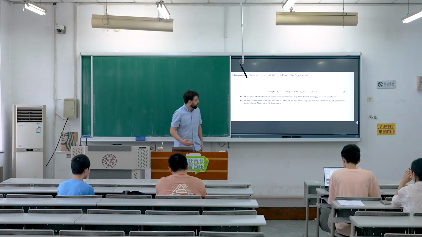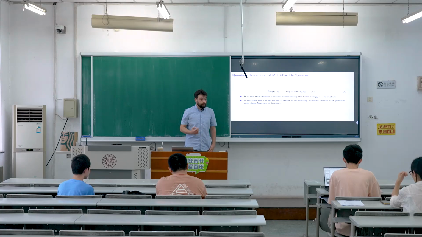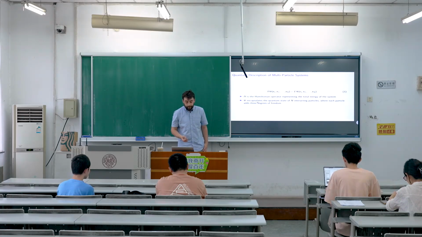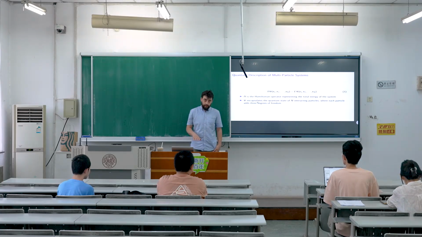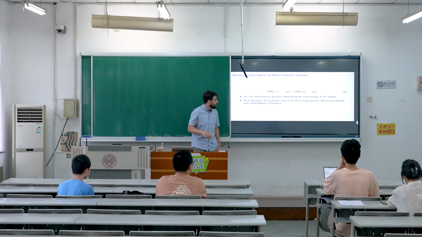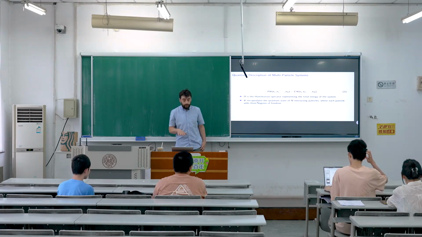Right. So what we effectively said was that in order to solve the many-body Schrödinger equation, we would firstly, at a bare minimum, have to be able to write down the many-body wave function.